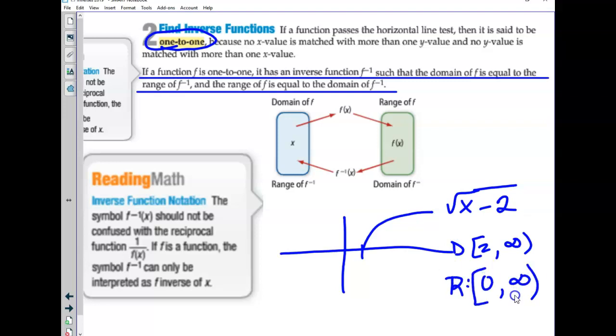Is everybody with me? The inverse function is going to look like this, because it's going to be reflected across this line. So the domain will switch and the range will switch. The range will be y values from 2 and up, and the domain will be x values from 0 to infinity.